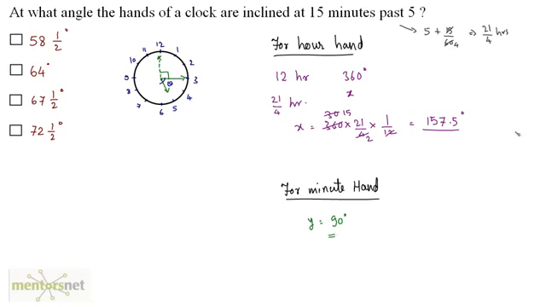So we need theta. So theta is equal to the angle traced by the hour hand minus the angle traced by the minute hand. So that's 157.5 minus 90, right? And that is equal to 67.5 degrees. And 67.5 is actually 67 1 by 2 degrees. So option C is the correct answer.